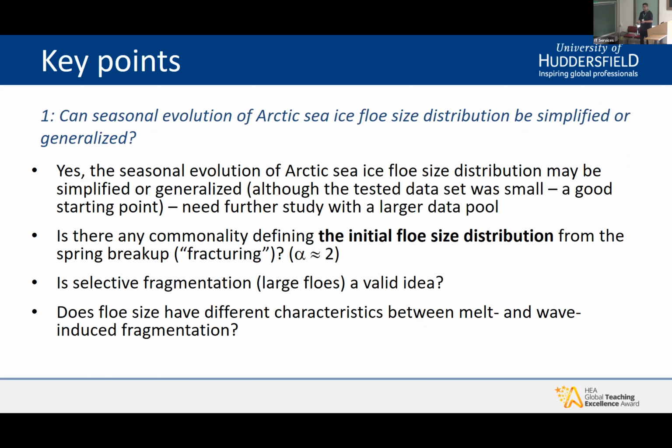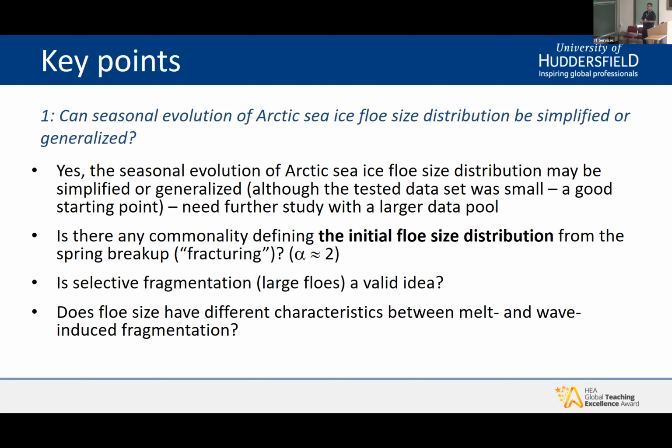Okay, so quick point. There's no conclusion. I have more questions to ask actually. I think it's possible to generalize the seasonal evolution. However, the data set is very small, so it would be really good to gather all the data, reanalyze, and look at this problem more carefully. Also, what is alpha equal 2, and whether it's useful.